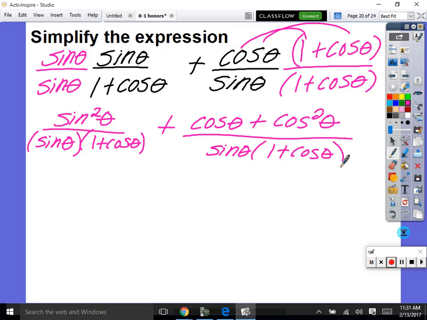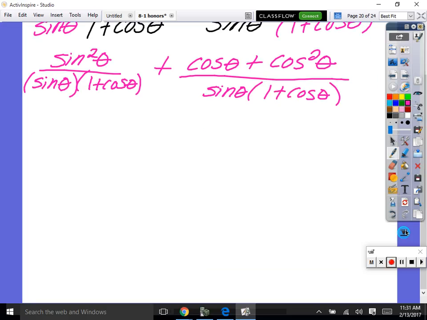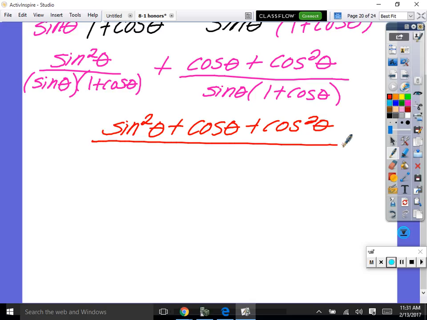So now you'd say, look, I have a common denominator. So now I can make it into one fraction. Combine the tops all over the same. So we have sine squared theta plus cosine theta plus cosine squared theta, and that's all over sine theta times 1 plus cosine theta.